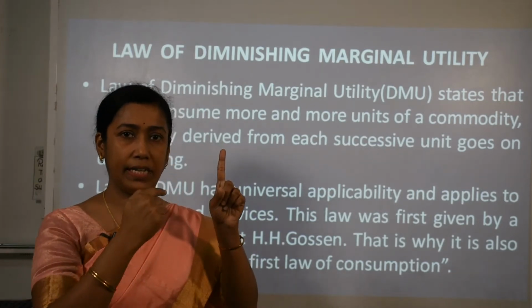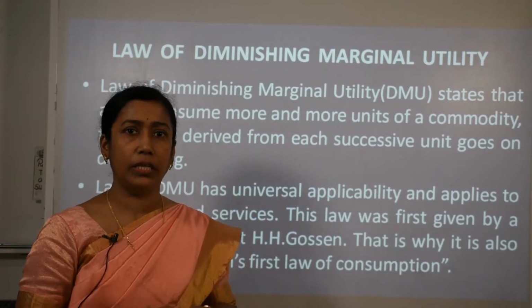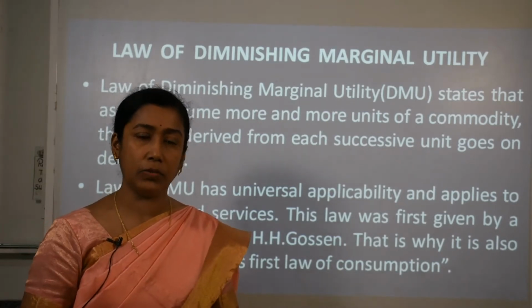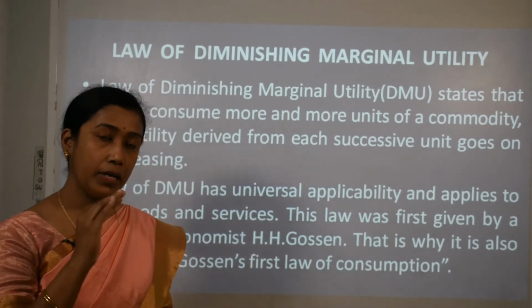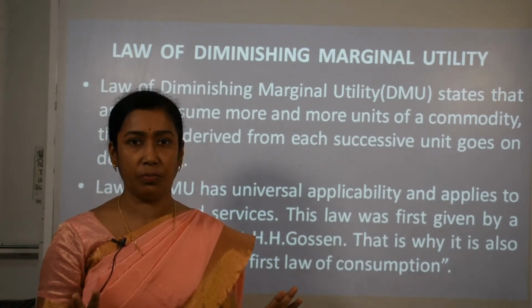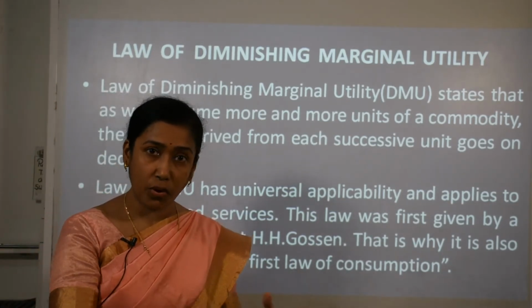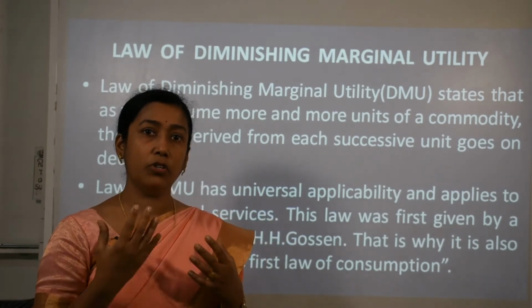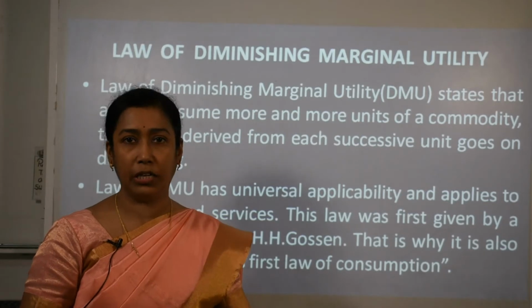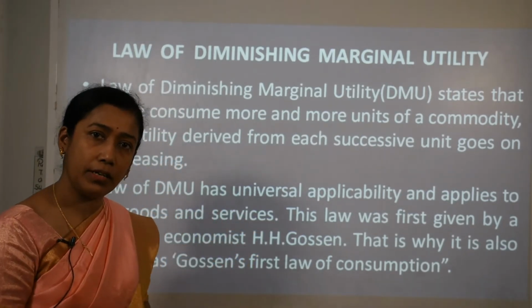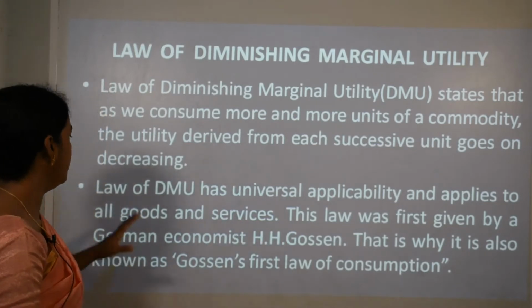From the other glasses you will get satisfaction, but it will decline, and at one point your satisfaction will be completely over, zero. After that, if you forcefully drink one more glass of water, then your utility will shift to disutility, that is negative utility. So that is what we are discussing here in diminishing marginal utility.